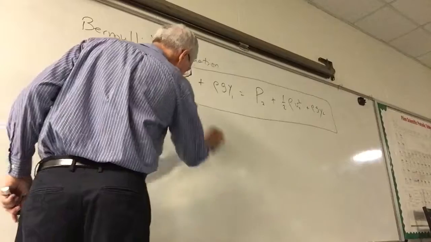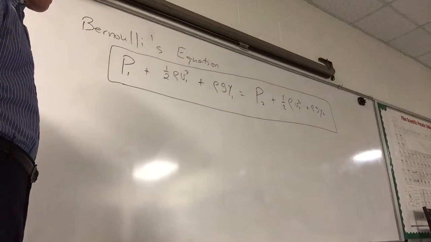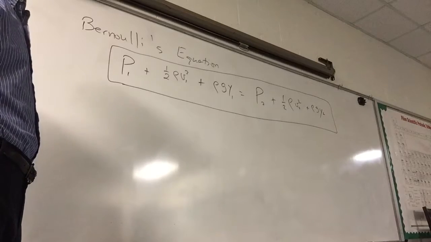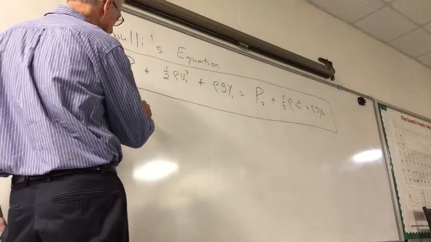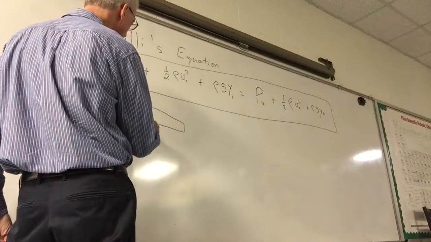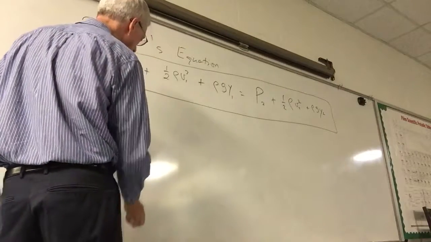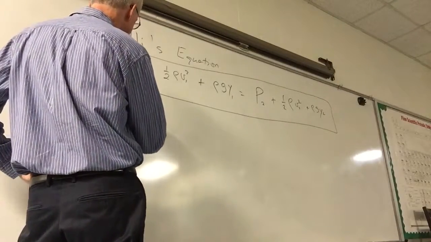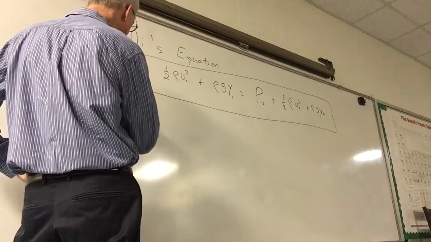Here's another example of Bernoulli's equation. An airplane. Here's the airplane, and here comes the wing. No. Let's do it this way. You're looking at the cockpit of the plane, and there's the pilot right there.